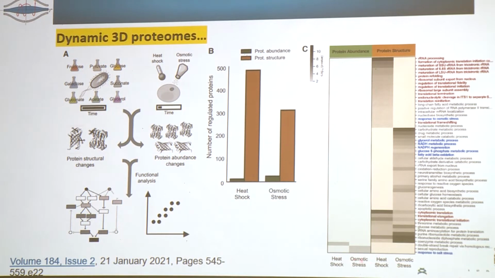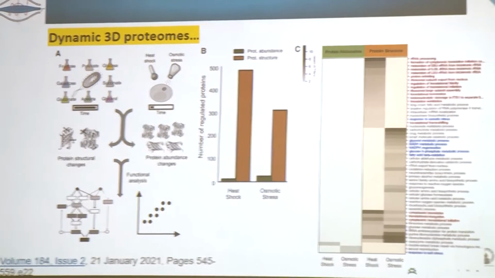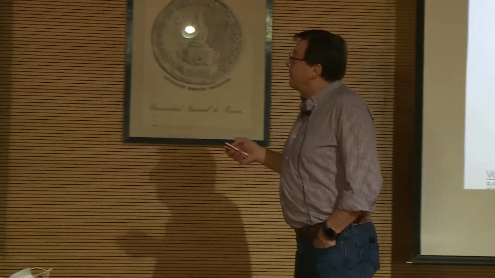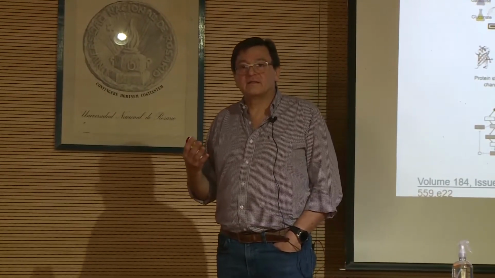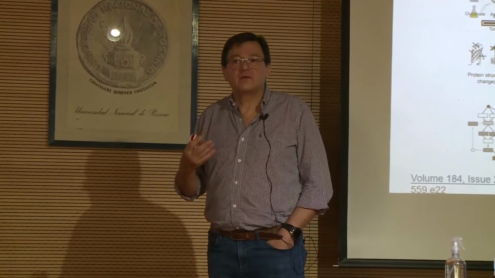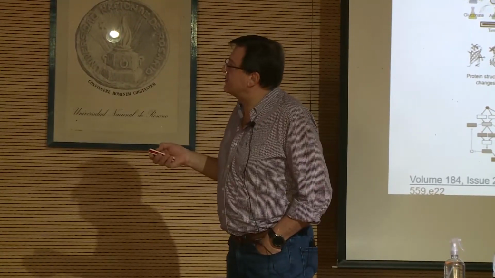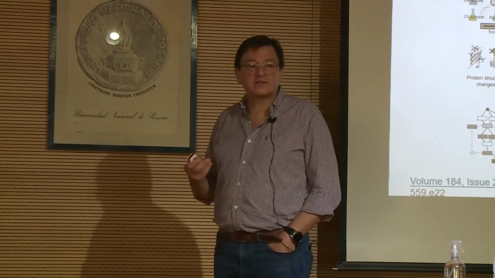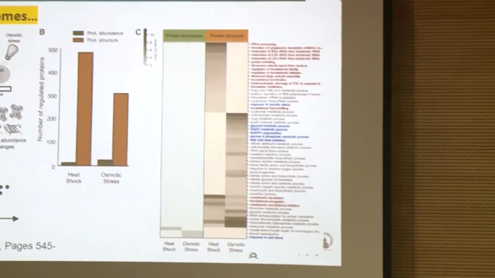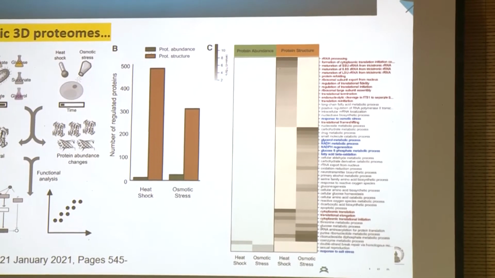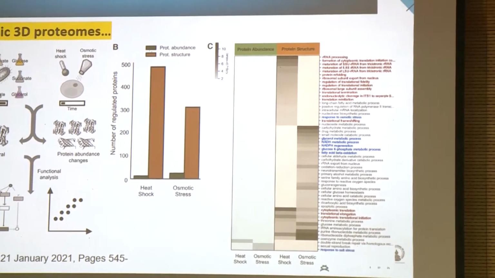An interesting finding of this article is that the protein abundance has a low change when you subject the cell to heat shock and osmotic stress, but mainly you have protein structure changes, folding and unfolding, proteolysis, interactions.